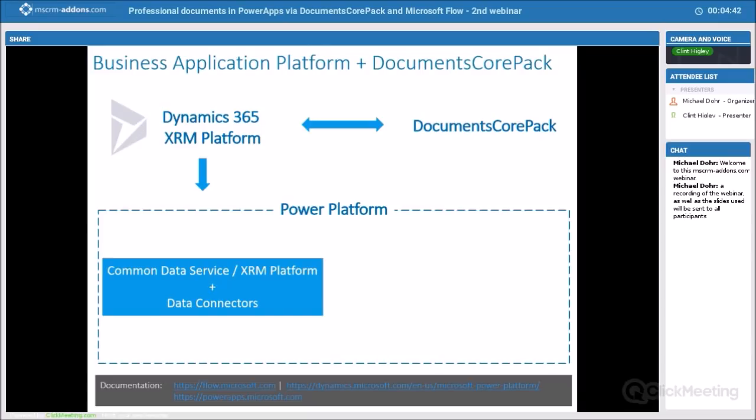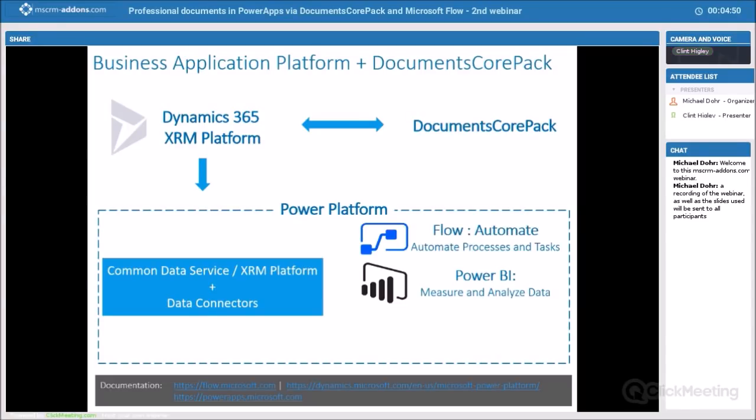The first one is Power BI, which is used to measure and analyze your data. The next one is Flow, which is basically used to do an automated process or task. If you're familiar with workflows in Dynamics 365, then Flow will be pretty easy for you to understand.